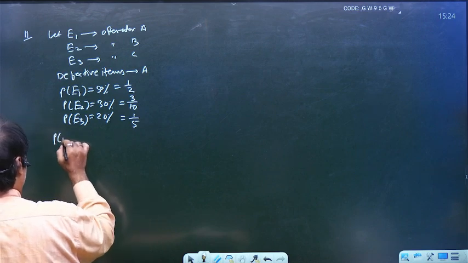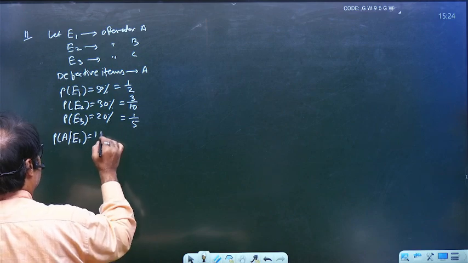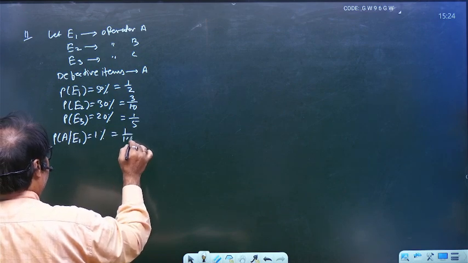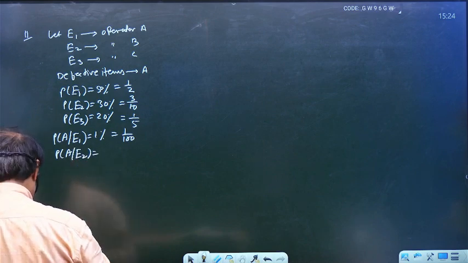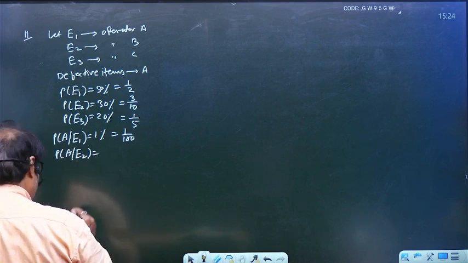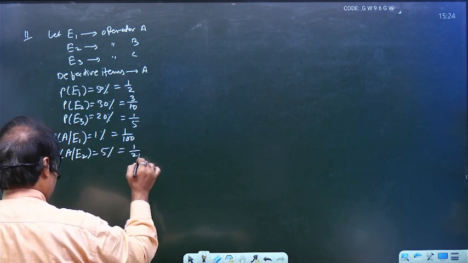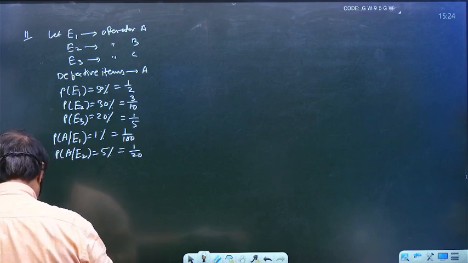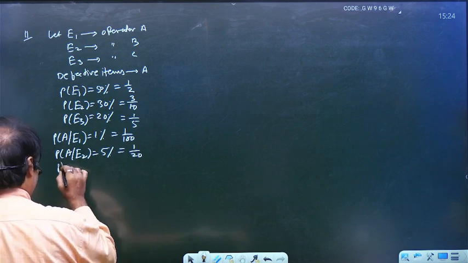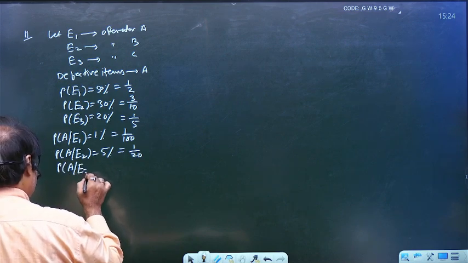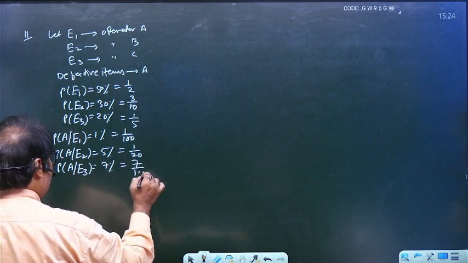And probability of A by E1 is given 1%, so this is 1 by 100, and probability of A by E2 is given 5%, means 5 by 100, 1 by 20, and probability of A by E3 is given 7%, so it is 7 by 100.